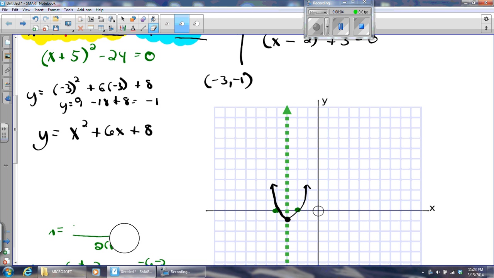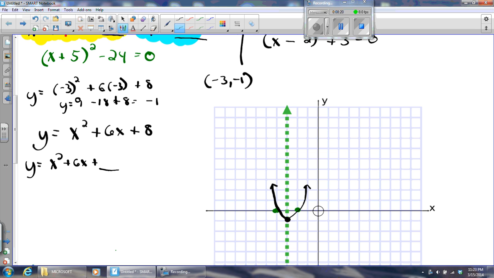And I'm going to do the completing the square trick on this equation here, y equals x squared plus 6x plus 8. So I'm going to go y equals x squared plus 6x plus blank plus 8 minus blank, right?